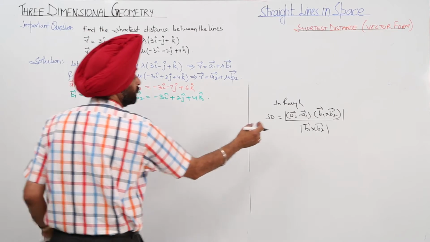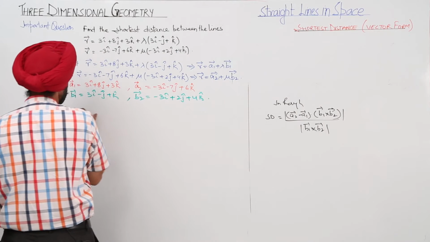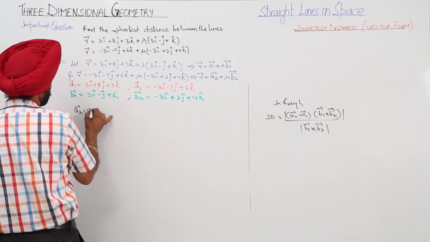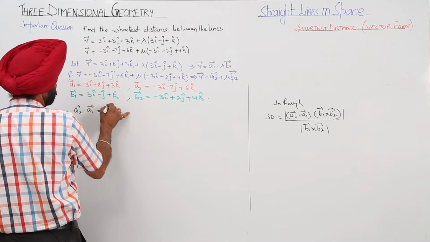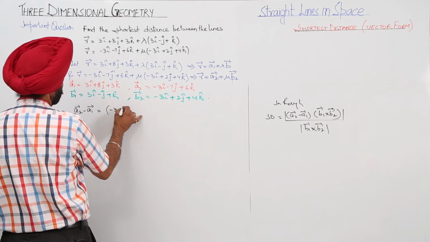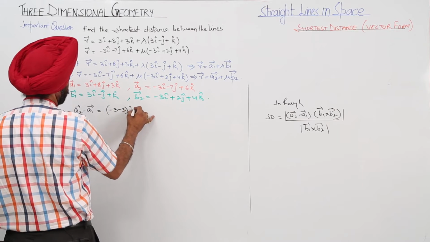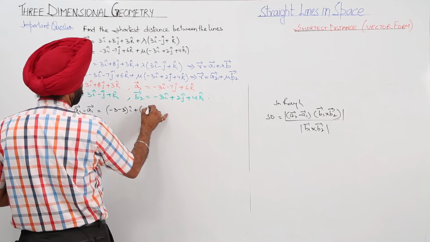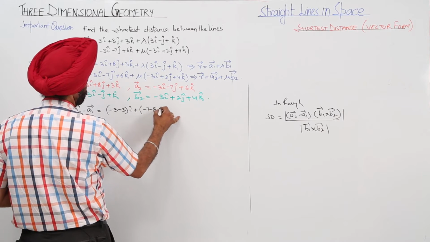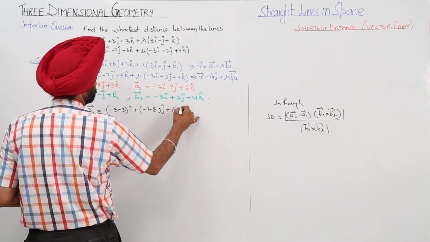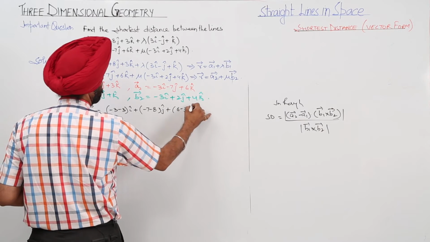Now first thing is a2 minus a1. Vector a2 minus vector a1 is equal to, now a2 minus 3 i cap plus minus 7 minus 8 with j cap plus 6 minus 3 with k cap.